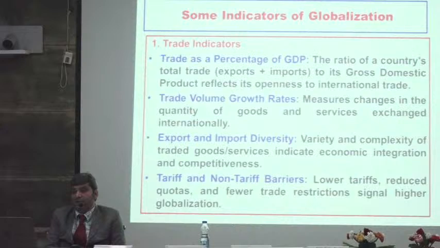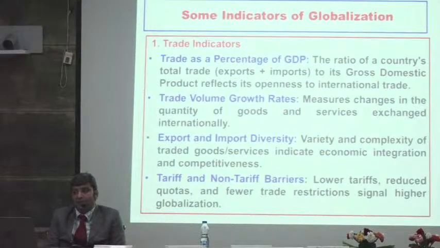Some indicators of globalization: how to measure globalization, as our course is focused on measurement, some quantitative measurements. We may have some quantitative aspects for measuring globalization, and the most common is trade as a percentage of gross domestic product.